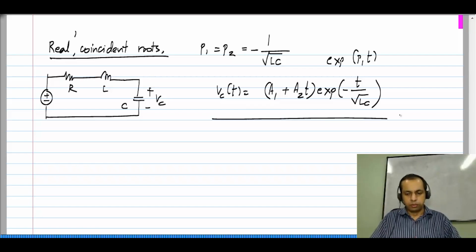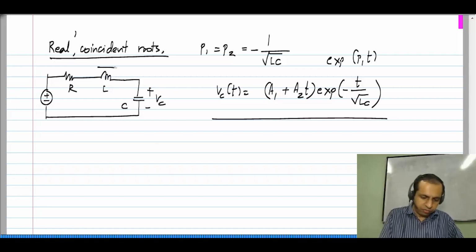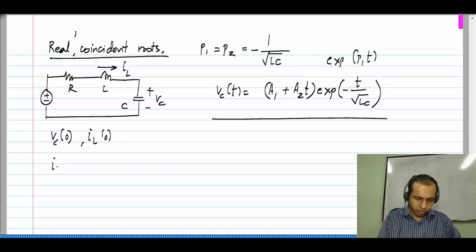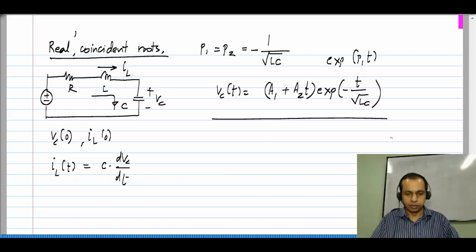Now, how do you determine the constants A1 and A2? As usual, it is by applying the initial conditions. We will have initial conditions Vc of 0 and IL of 0. We know that IL of t, which is the current in the inductor, is the same as the current in the capacitor, so it is C times dVc by dt.